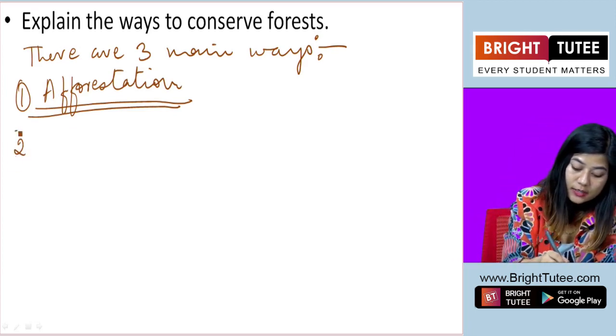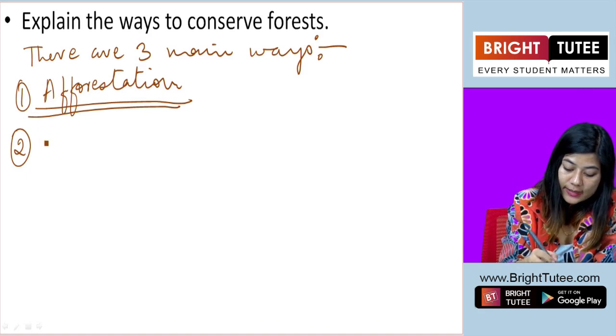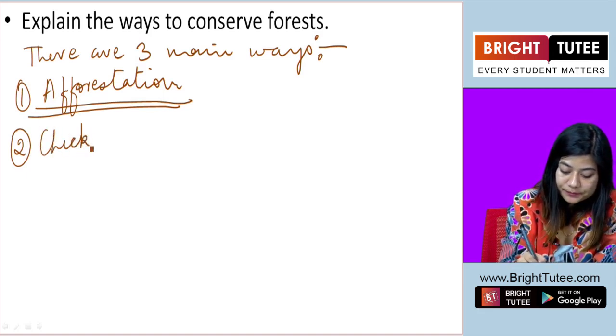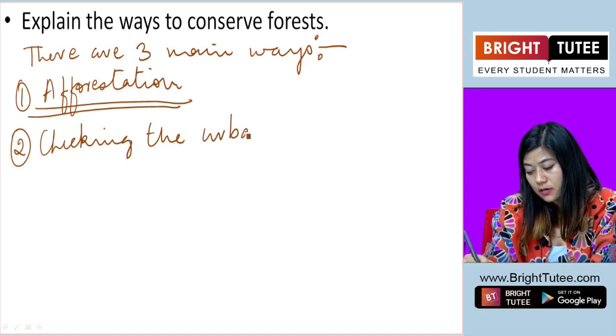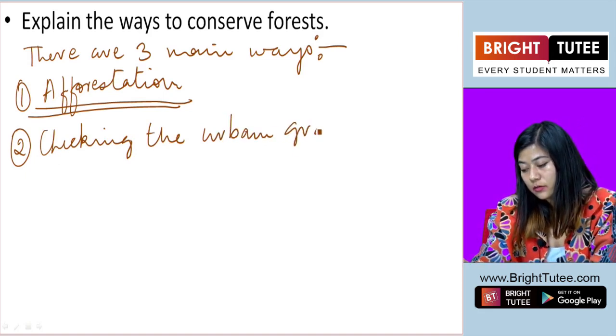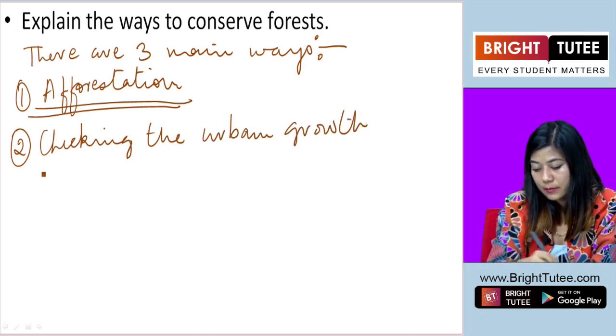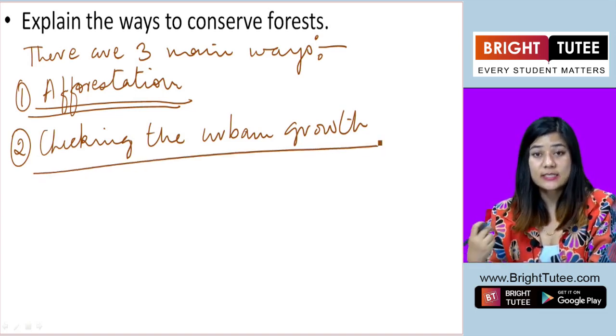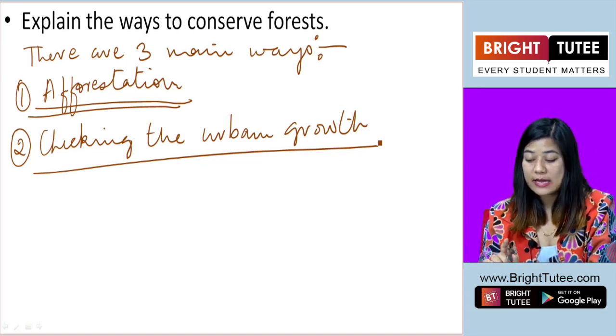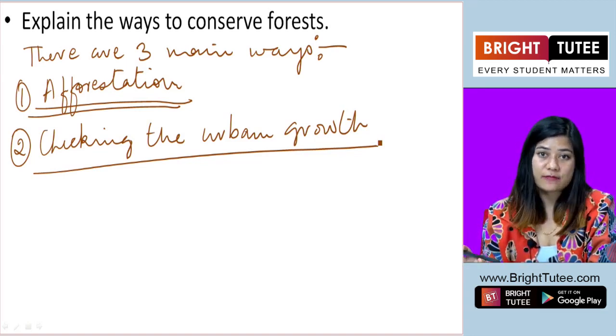Number 2 is by checking the urban growth, by checking that the growth of towns and cities and its development is well planned and managed so that it does not damage the environment.